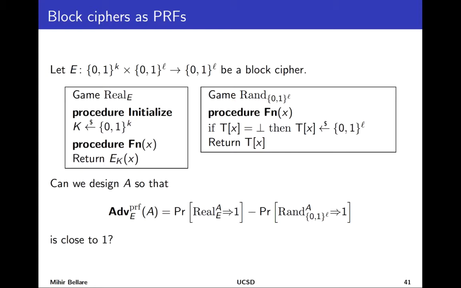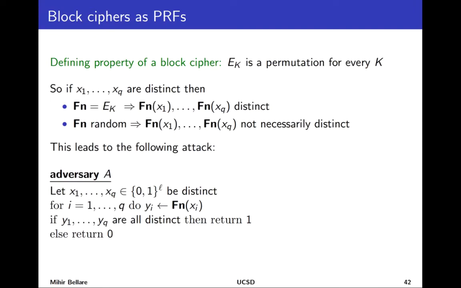Okay, so with those hints, what can we notice? Well, here's what we can notice. We know that if you fix a key and then look at the outputs of E sub k for different inputs, because E sub k is a permutation, by definition, those outputs are all different, right? So suppose I'm talking to an fn oracle, which happens to be, in the real world, E sub k. I don't know what k is.